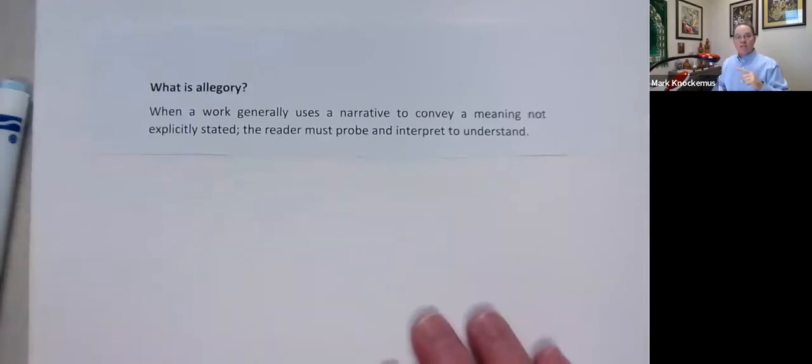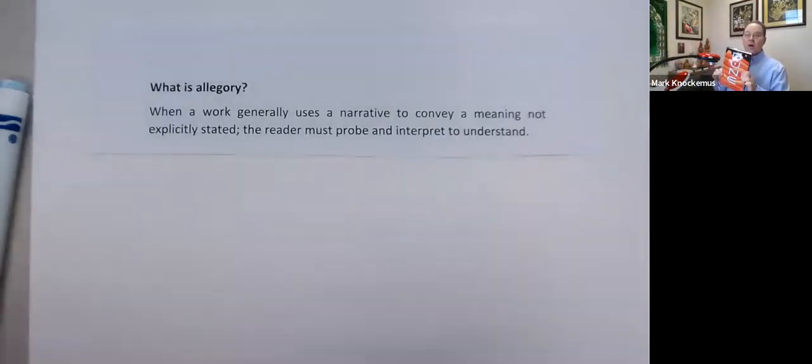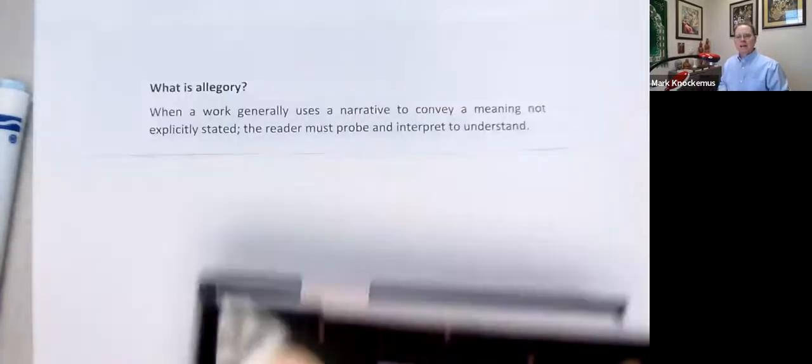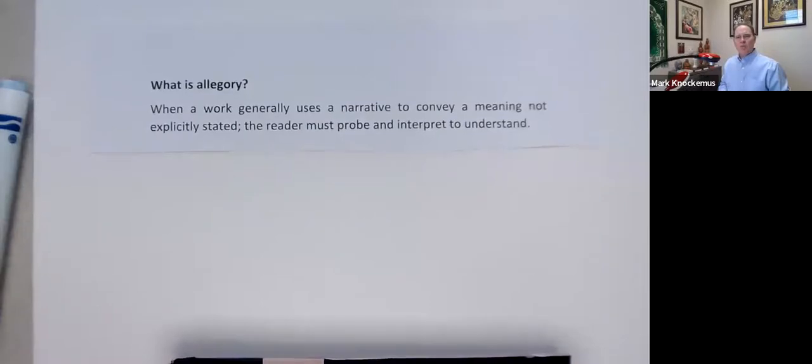And a good example of an allegorical work is Dune by Frank Herbert. This is an allegory. And a lot of people say, well, hey, Mr. K, I've read this book, I have seen the movie, and boy, I just don't think it's an allegory.